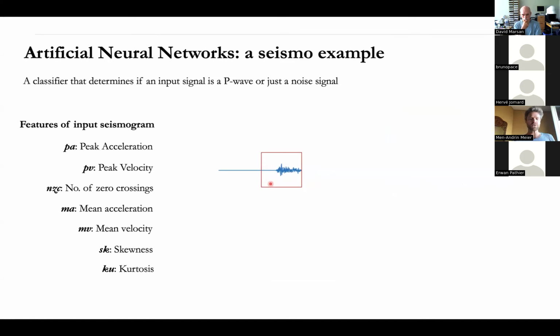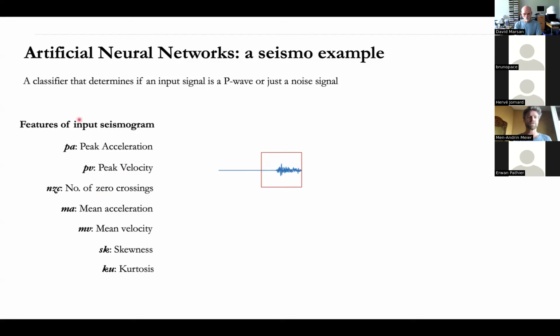The classic way to do this would be to use, for example, a linear classifier. So you could measure some features of the seismogram. You could measure the peak acceleration, the maximum velocity. We could count the number of times the seismogram crosses the zero amplitude as a sort of frequency proxy.